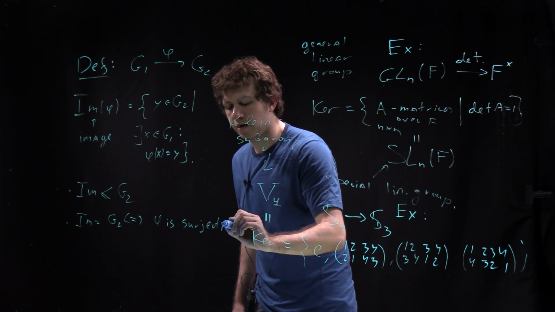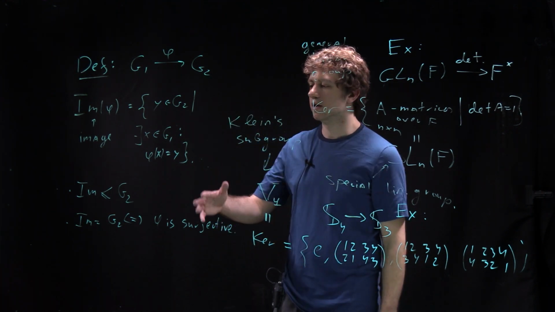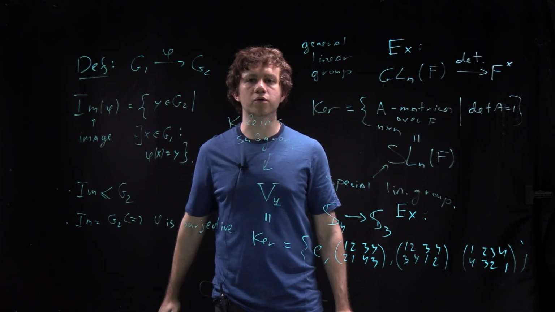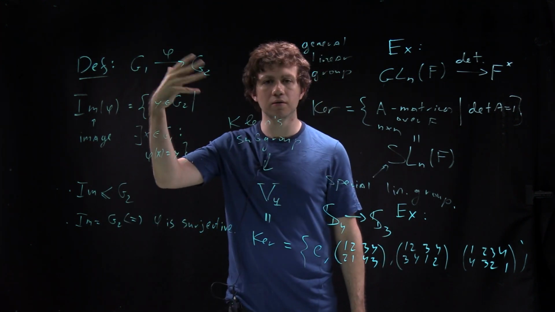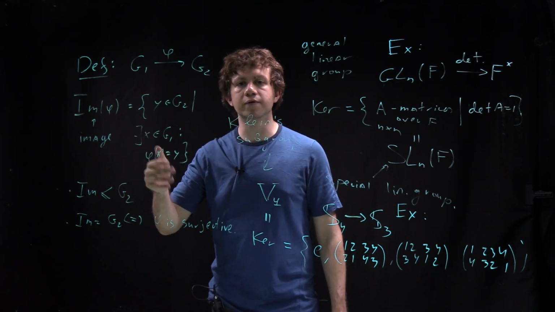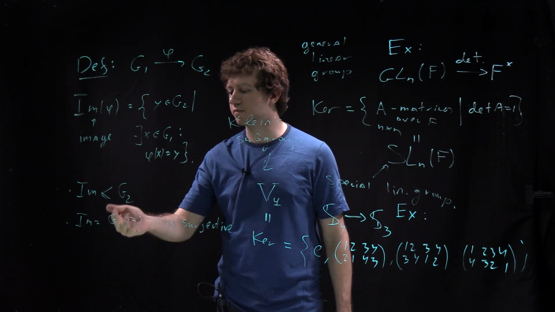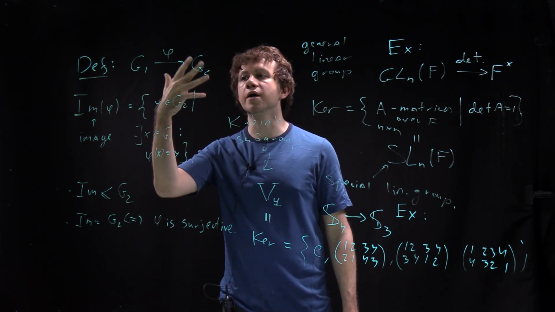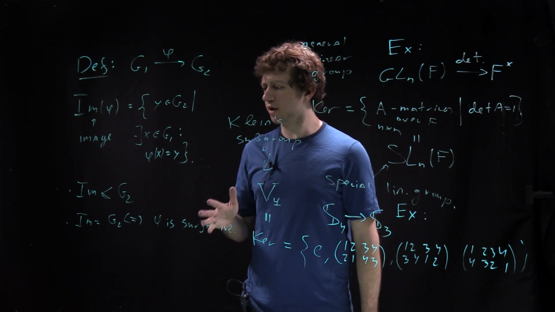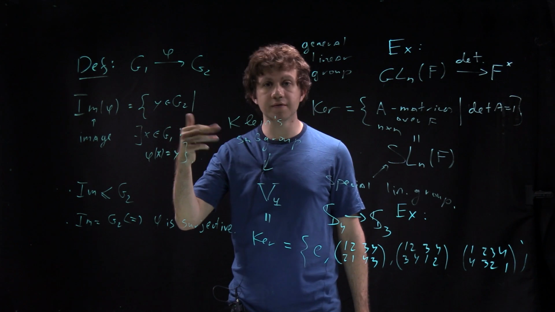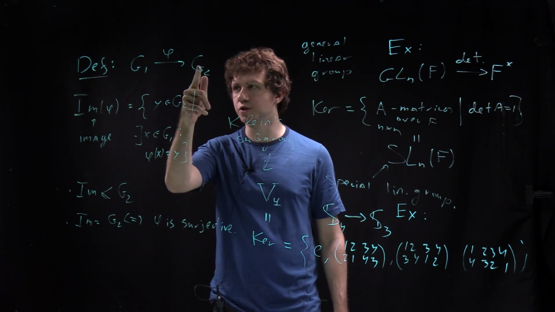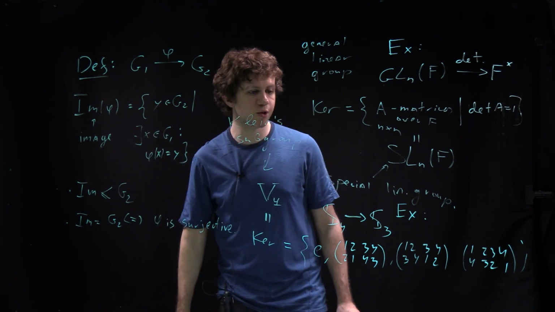So exactly as with vector spaces, you have this analog of linear map, the homomorphism. You have the kernel, analog of kernel. You have the image, analog of image. Kernel is identity if and only if the map is injective. Image is equal to the whole group if and only if phi is surjective. And if you want phi to be bijective, hence an isomorphism, then you need to check 2 things: image is G2, kernel is trivial.